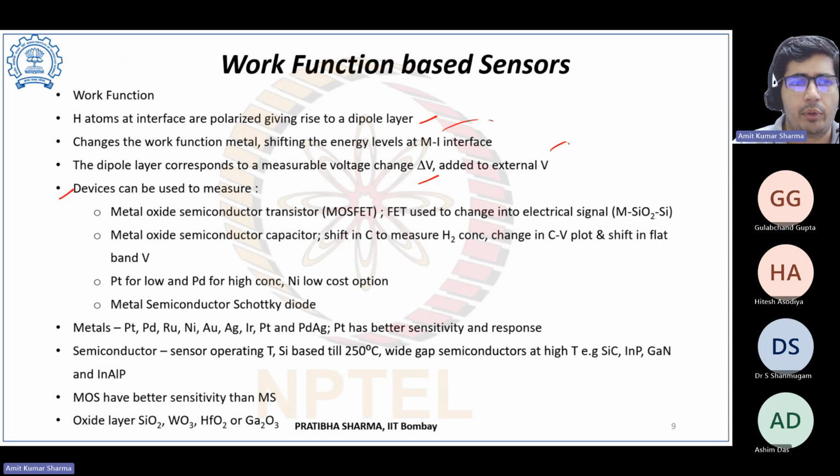So this device can be used to measure with a metal oxide semiconductor transistor, MOSFET. The metals used are Pt, Pd, Ru, nickel, etc. The MOS have better sensitivity than MS, and for the oxide layer we use SiO2, WO3, HfO2, and Ga2O3.